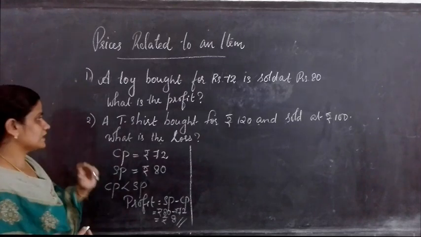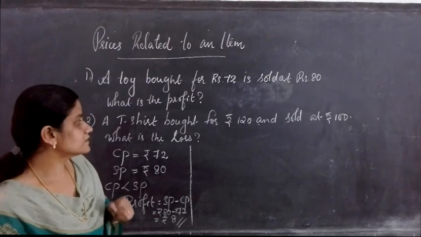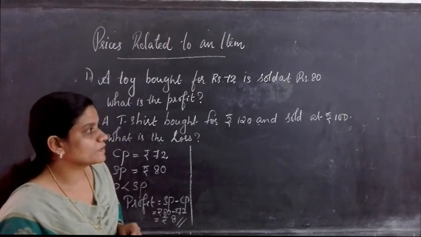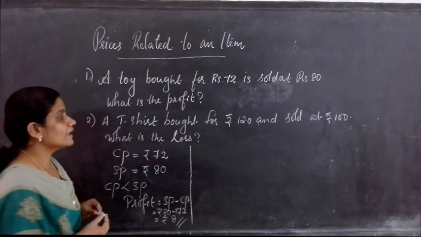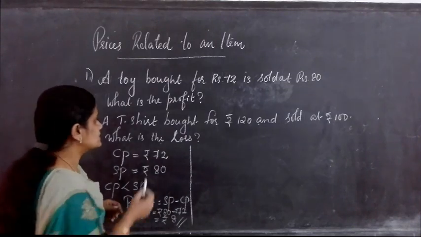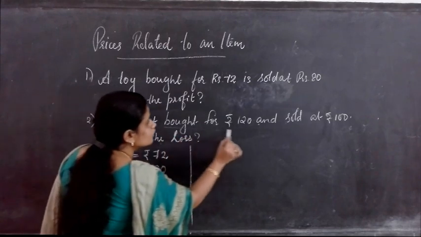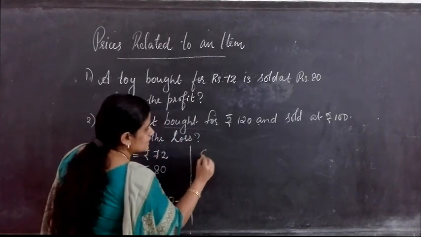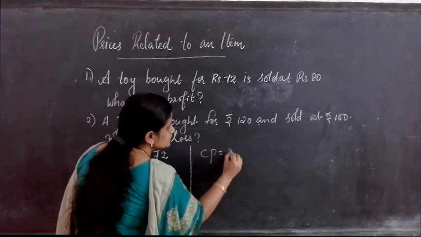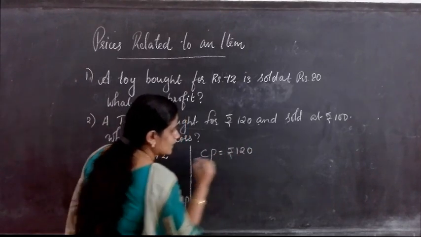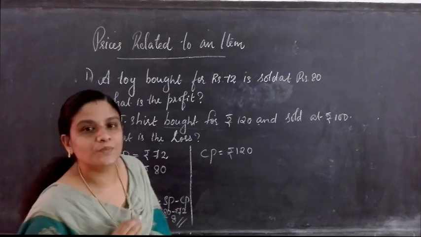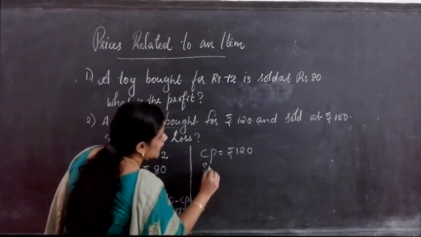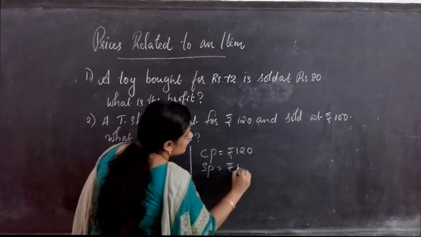Now moving to the second question. A t-shirt bought for rupees 120 and sold at rupees 100. What is the loss? The buying price, CP, is equal to rupees 120 and sold at rupees 100. Sold means selling price, so the selling price is rupees 100.